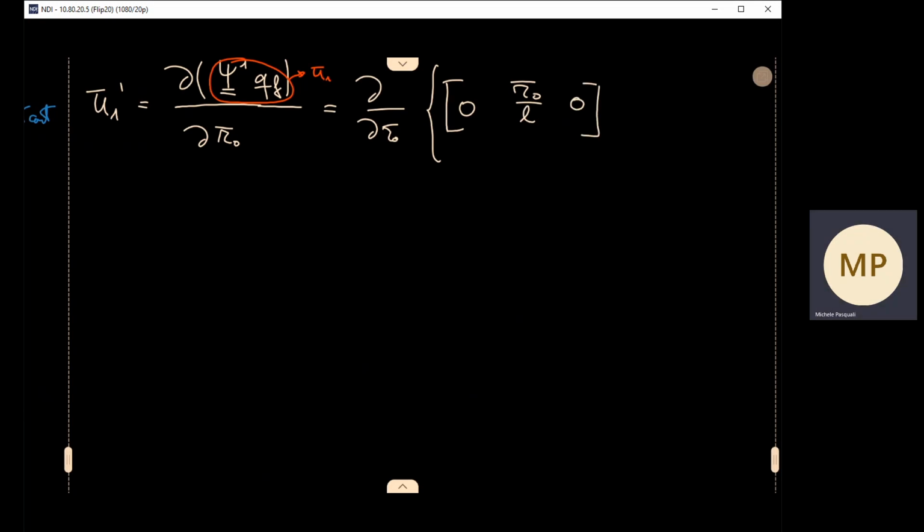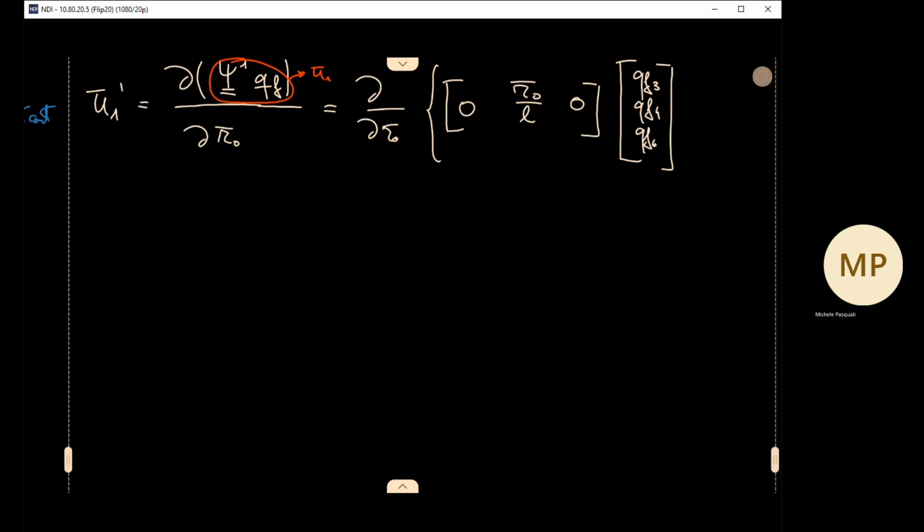You go and check, the first row of the Psi matrix is exactly this one. And then you have QF, which is QF3, QF4, and QF6. Okay, and then you have to derive all of this.